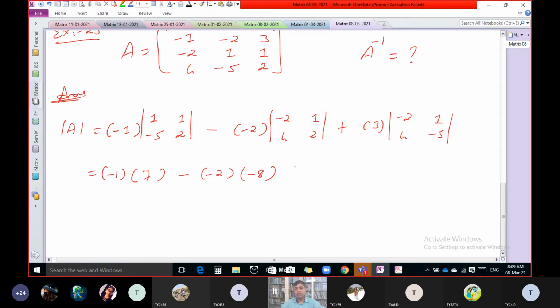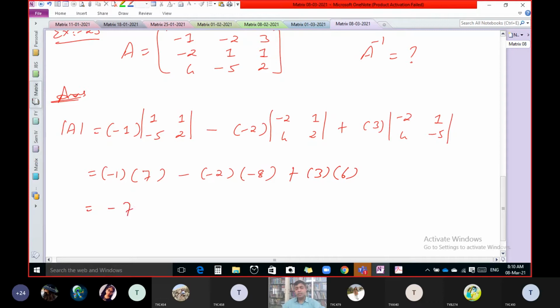Okay, now plus 3 into, now tell me the answer for this. 10 minus 4, that means 6. Yes, now simplify. So this into this is minus 7.